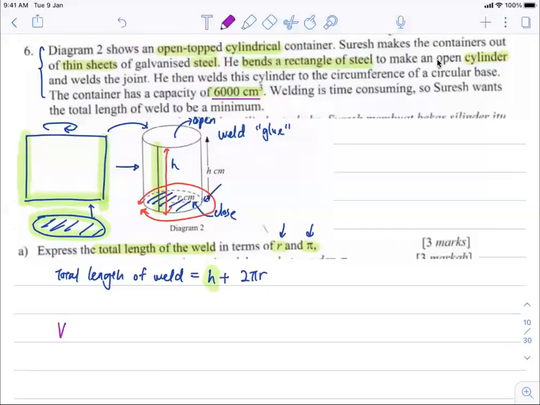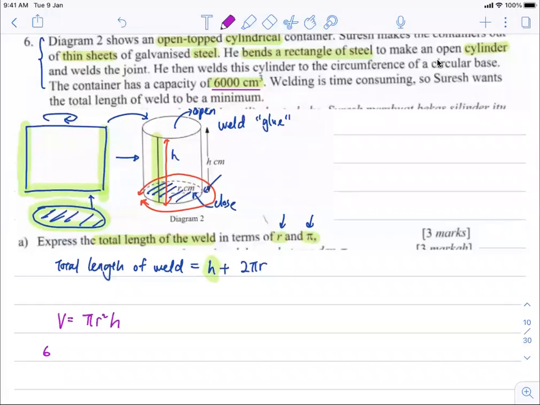So volume of a cylinder is pi r square h, and the volume here is 6,000. Rearranging this equation, we'll get h equal to 6,000 over pi r squared.